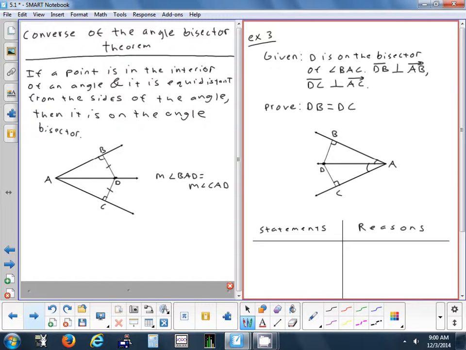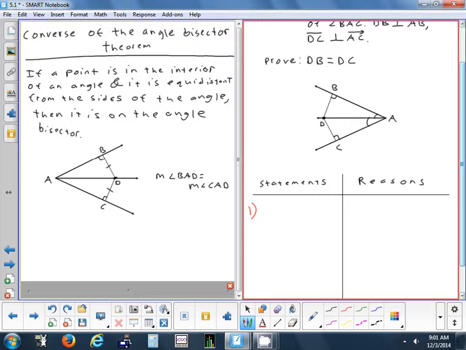Let's look at this one. It says D is on the bisector of angle BAC. So they're telling you it's on the bisector. They want you to prove DB and DC are congruent. I kind of already showed you how with congruent triangles. So let's see if we can just show the two triangles are congruent.